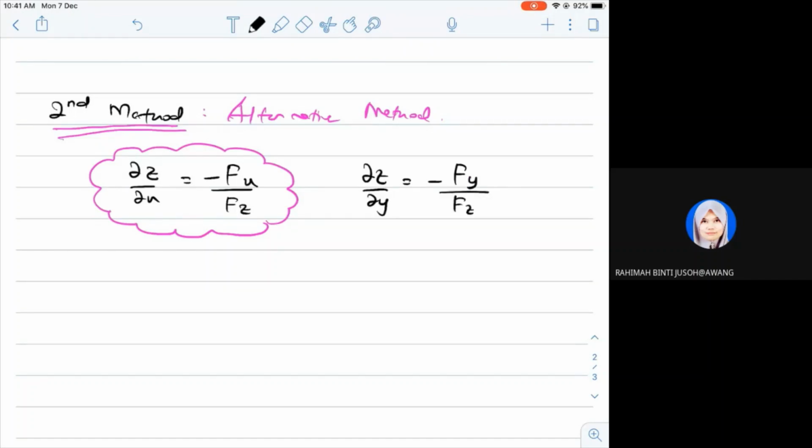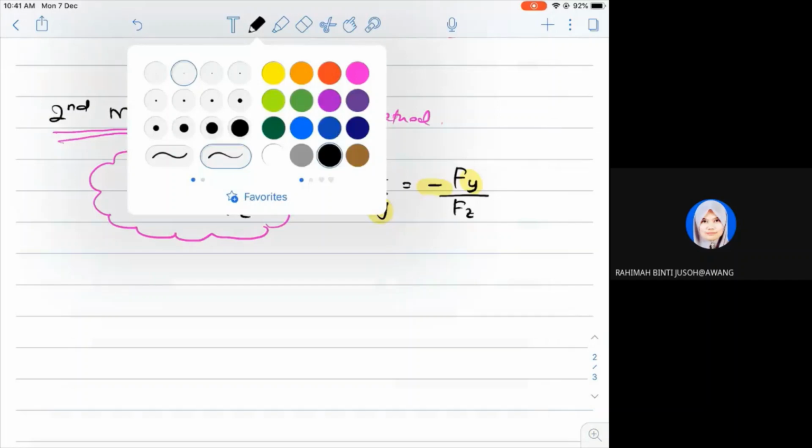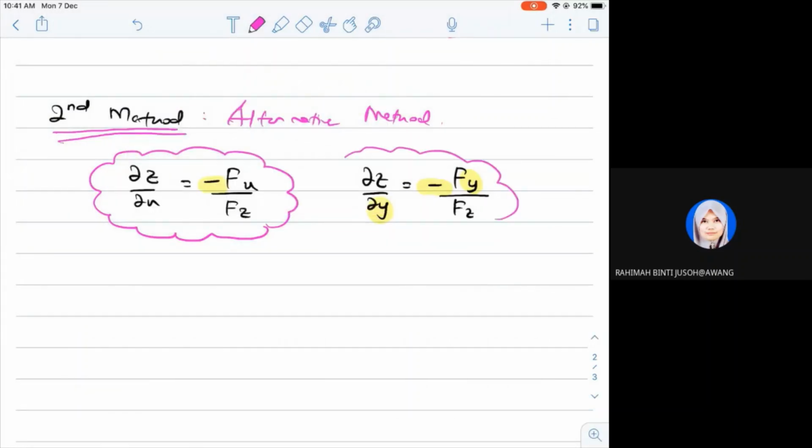Okay, dia terbalik macam tu lah. Kalau y tu duduk bawah, denominator it becomes numerator up here. Okay, and don't forget the negative sign. Wajib ada untuk alternative method ni. Ini pun sama, wajib ada. It's compulsory. You have to put negative. Alright, and then now this is the second formula lah for del z del y.